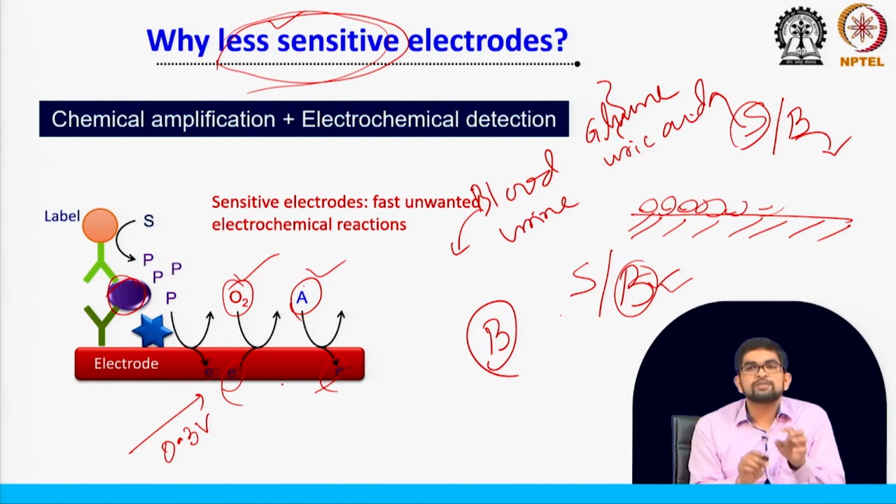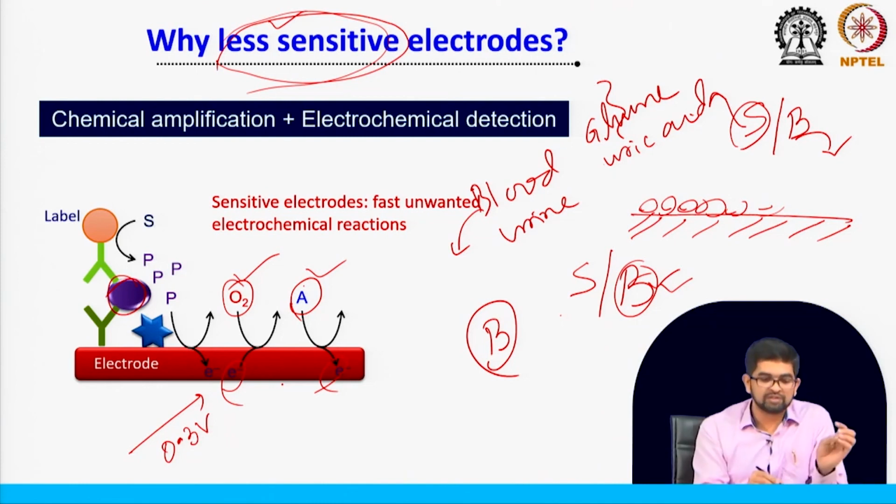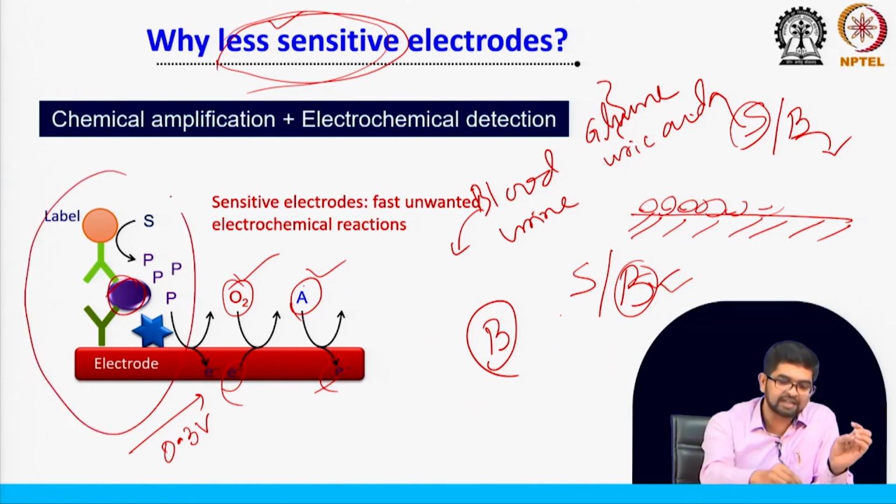But you have to select an electrode so that your main reaction, that I taught you in the last class, the last slide, using secondary antibody and label, works: the substrate will react with your label to form the product, and that will generate the electron that we can measure. So this is a very specific reaction.